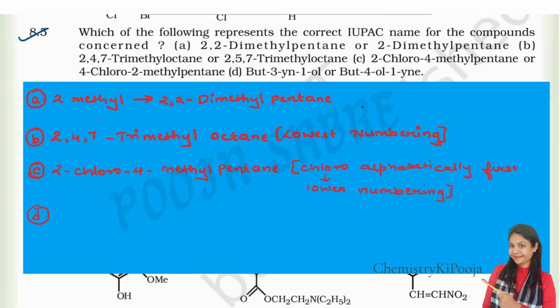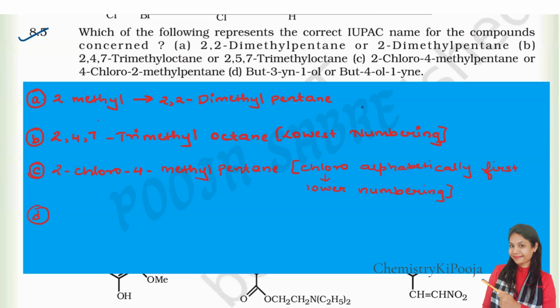Then coming to D. D is but-3-yn-1-ol or but-4-ol-1-yne. Now, again, if I look into both the compounds over here, out of the two functional groups present in the given compound, I can see that the alcoholic group is the principal functional group.